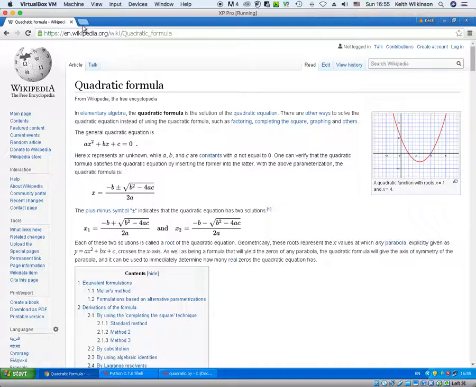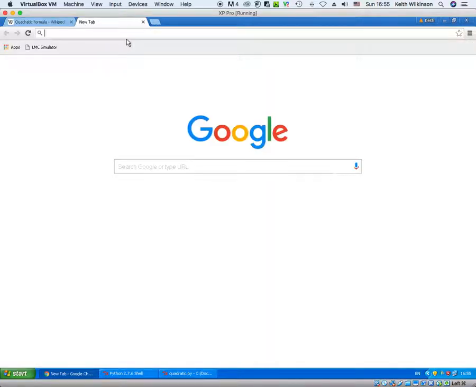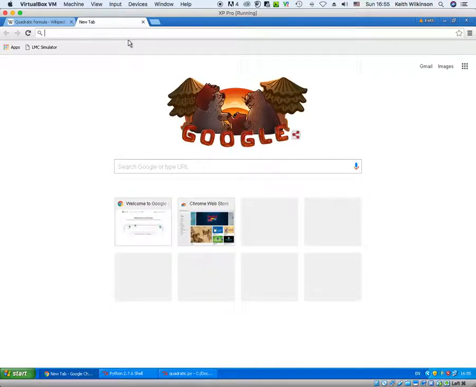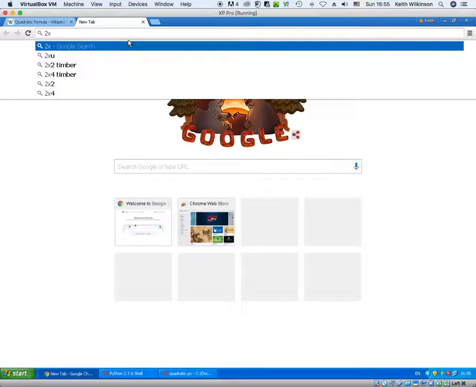Let me just start up another tab because Google itself is quite good at drawing these. So I'm going to enter in an equation, being 2x squared plus 3x minus 2. Now I suggest you look for an equation that you can use and understand, where you know what the roots are.